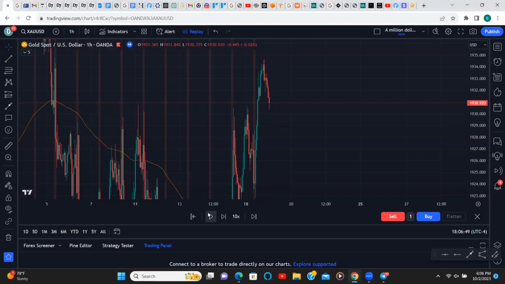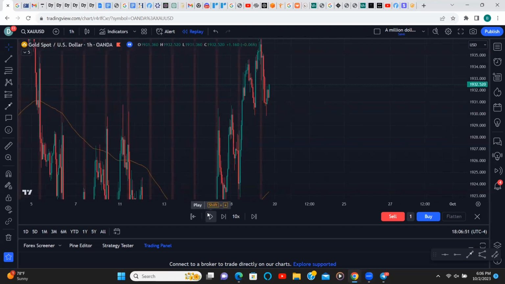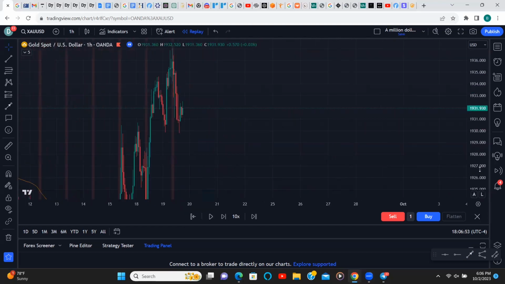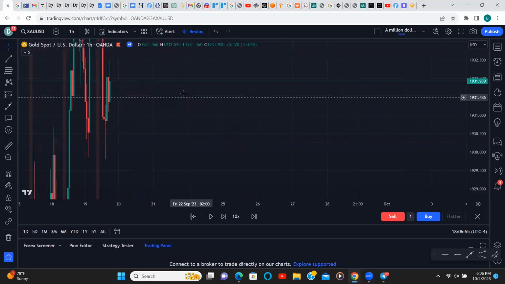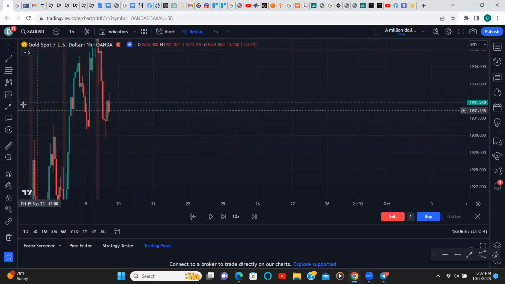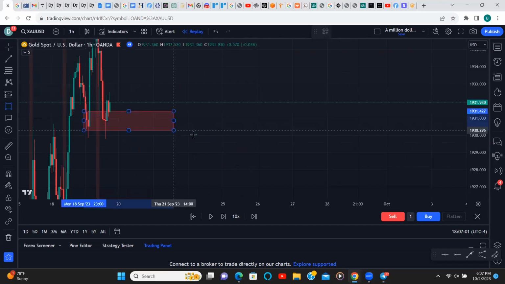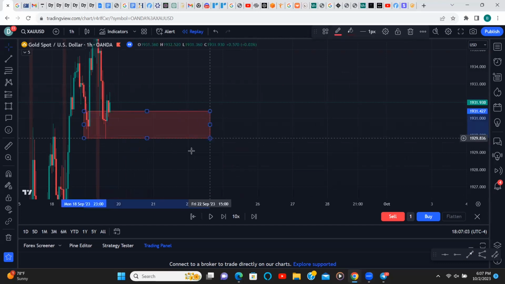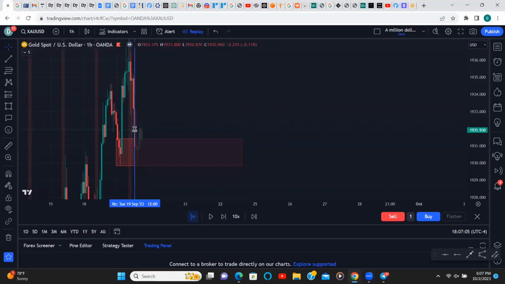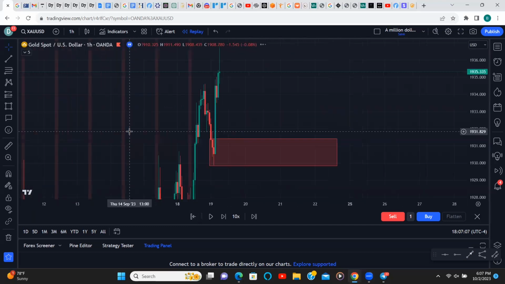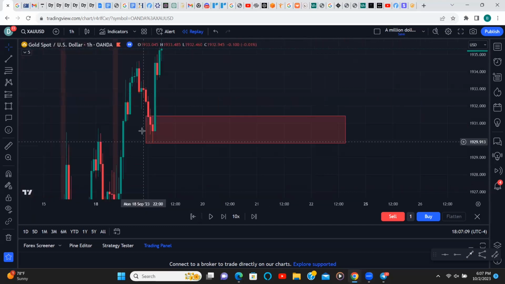Let me see some even better examples. Oh, this is perfect right here. This is beautiful. So we have a nice demand zone right here. Look what happens. I want y'all to see this. Box up the demand zone.